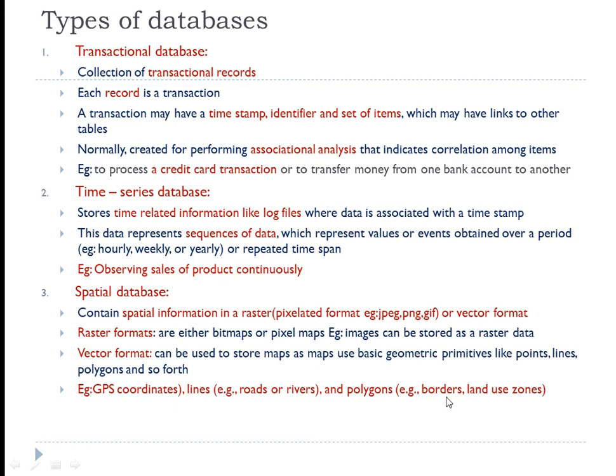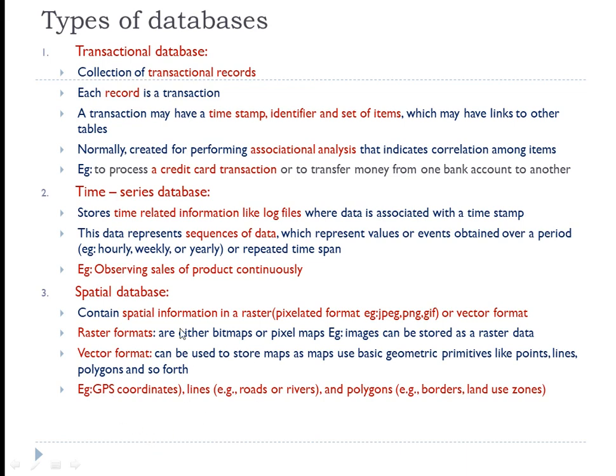The third one is the spatial database. This will contain spatial information in a raster format or a vector format. So what is raster format? Raster format is nothing but a pixelated format, for example a JPEG or a PNG image or a .gif image. Or it can be a vector format. Vector format is basically used to store maps using basic geometric primitives like points, lines, polygons and so forth.